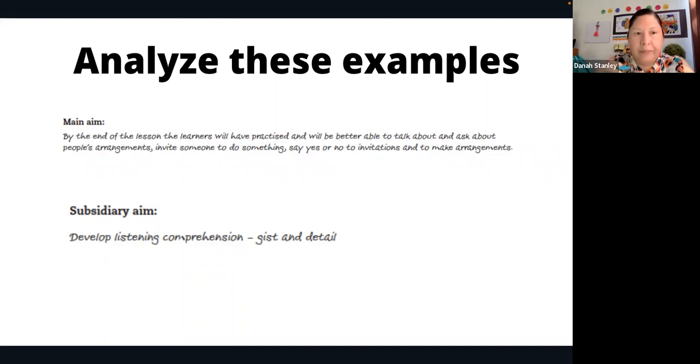Luego dice, invite someone to do something. Say yes or no to invitations and to make arrangements. Invite someone to do something. Say yes or no to invitations.